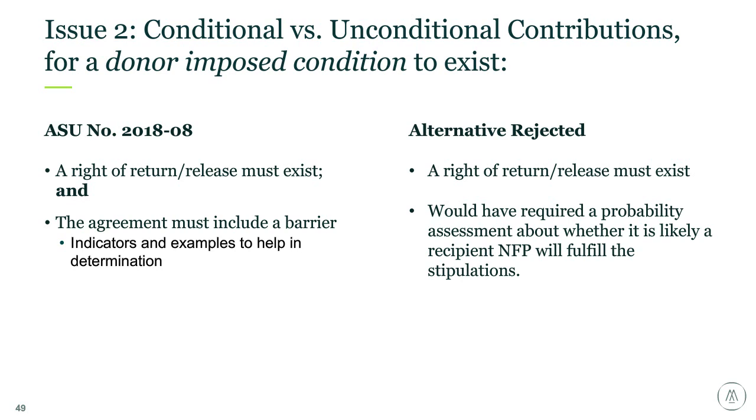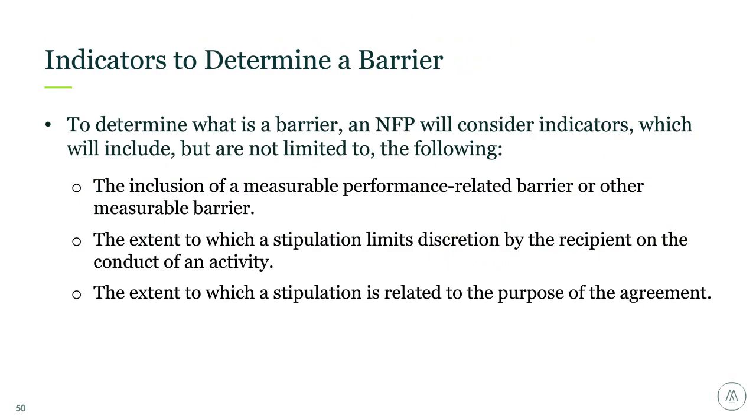All right, here are some examples of barriers. With a barrier, you're going to have some kind of measurable performance-related barrier or other kind of measurable barrier. Maybe you have to provide so many services within a certain amount of time if you're helping certain individuals.